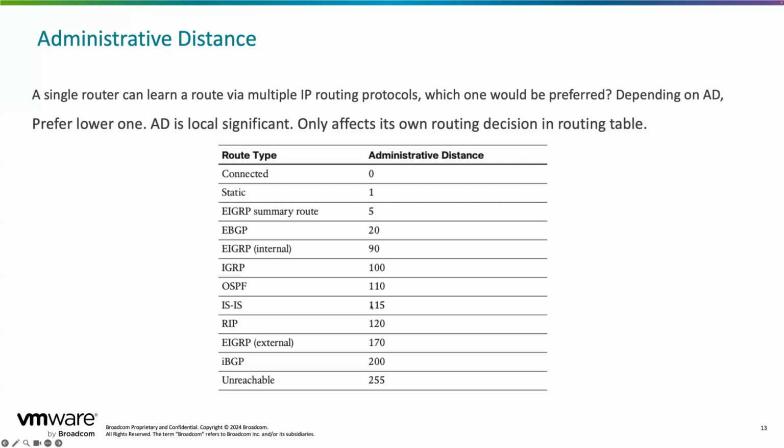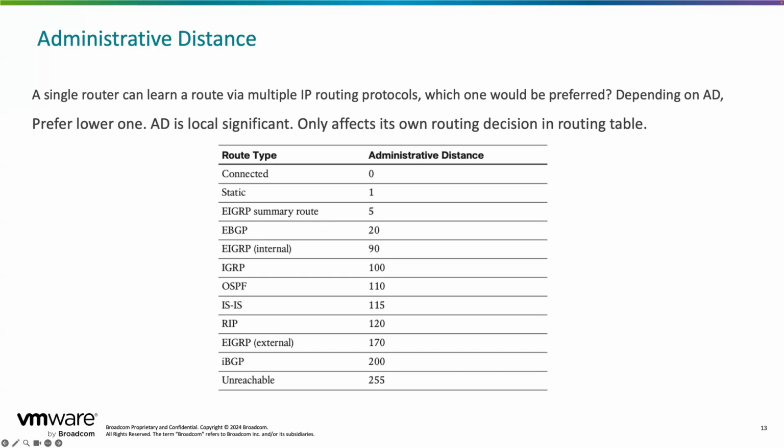For example, here's a list. The lowest administrative distance will win, and the route with the lowest distance will finally be inserted into the routing table. Because if you learn from different routing protocols, every protocol has its own rules for calculating metrics or cost.